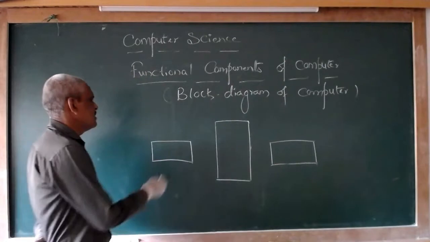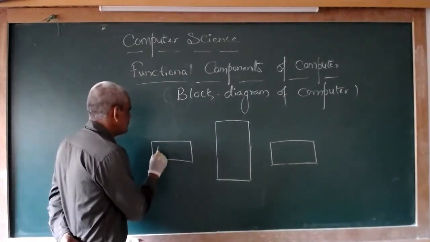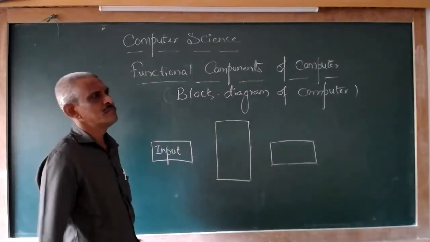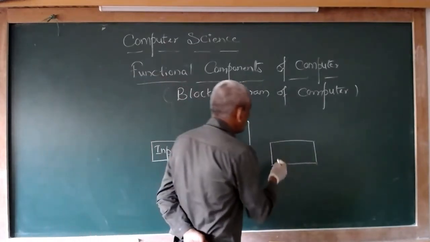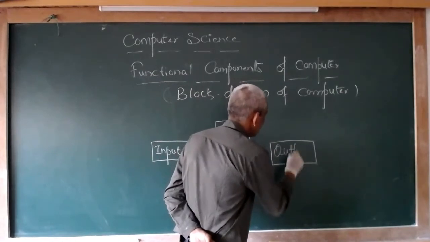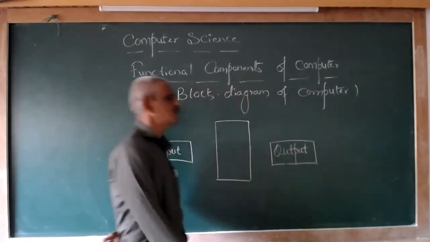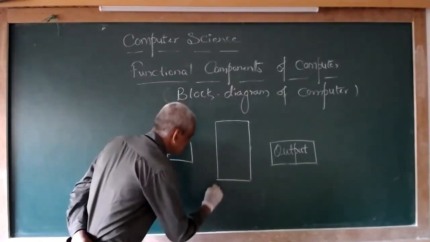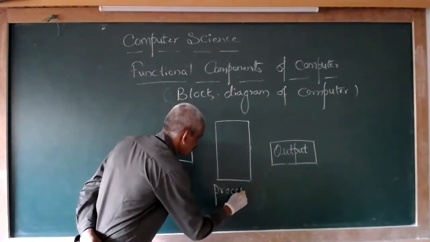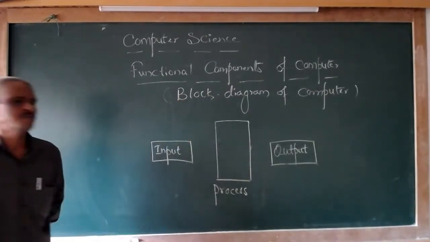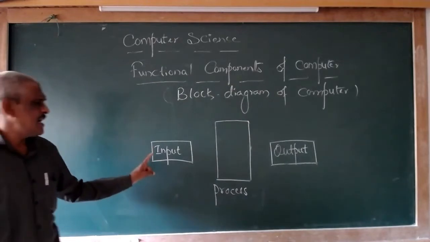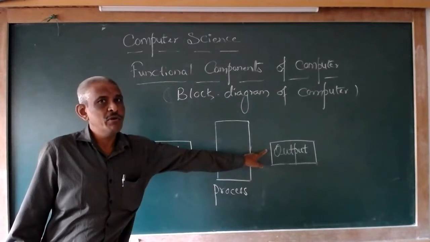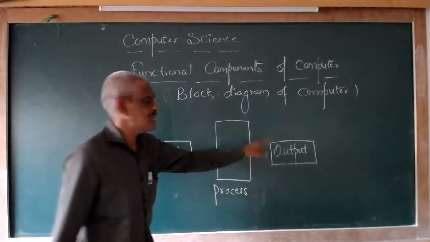Then this one I will write as input. Then the last one, that is output, the third block, and this block we are writing as process. It means you have completed input, process, output, according to the computer definition you learned in the first class, right?